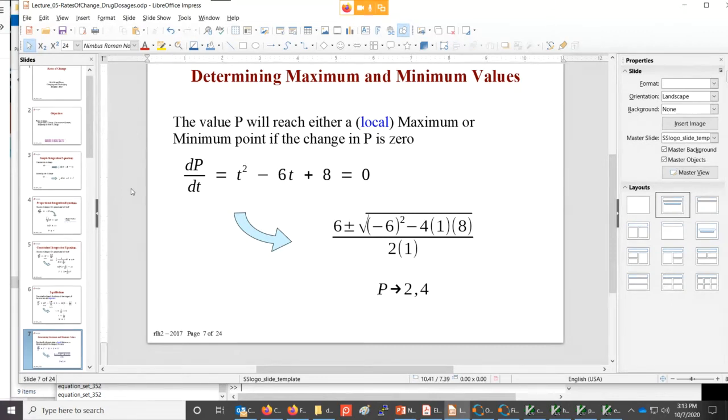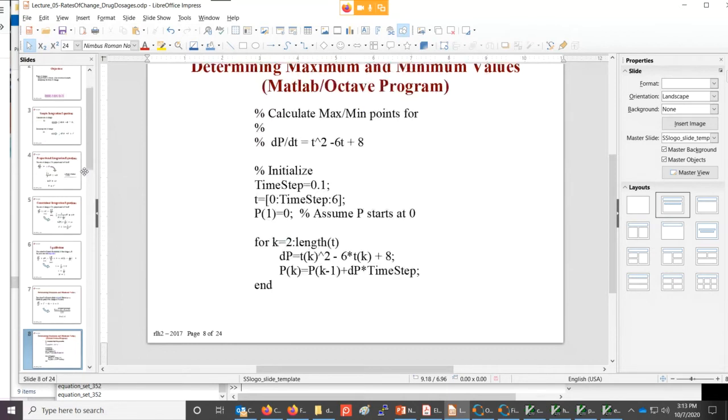Now remember, this is the derivative, and when your derivative is equal to 0, you're at a local maximum or a local minimum, right? So at points 2 and 4, we're at either a max or a minimum. And if we take the second derivative and evaluate at 2 or 4, we can find out whether it's a minimum or a maximum, because it would be positive or negative.